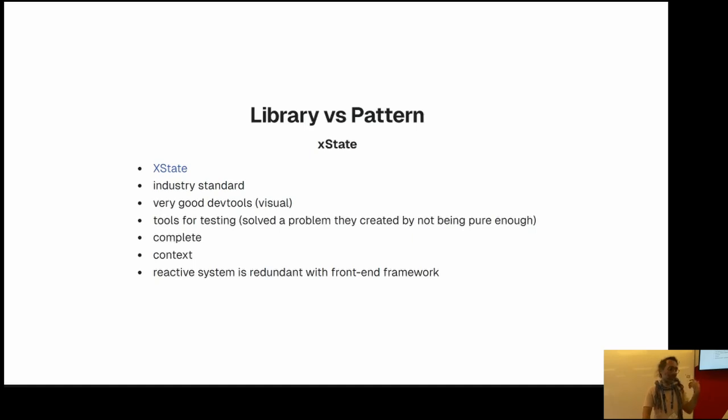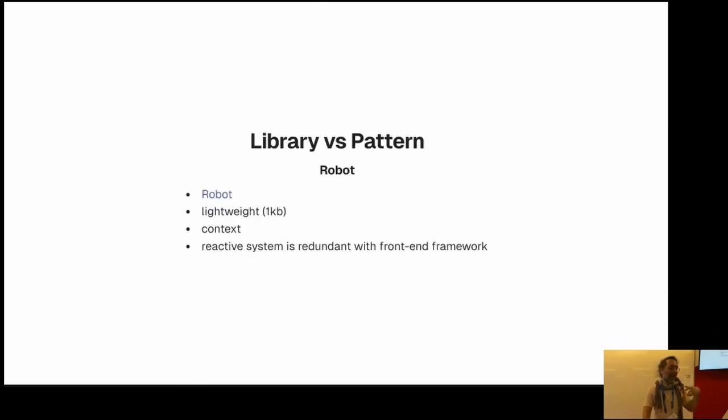Some features are really geared toward visualization. My issues with XState are the contexting, as I explained earlier, and the fact that it has its own reactive system that you then have to bridge with React or Juliette. Having a pure function is simple to me, but you always have binding with XState.